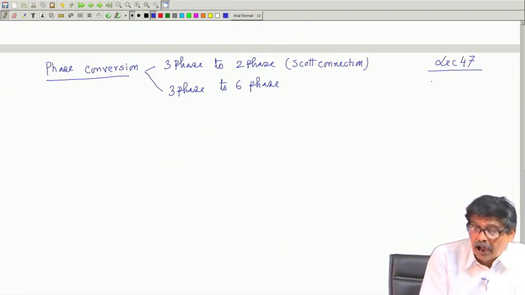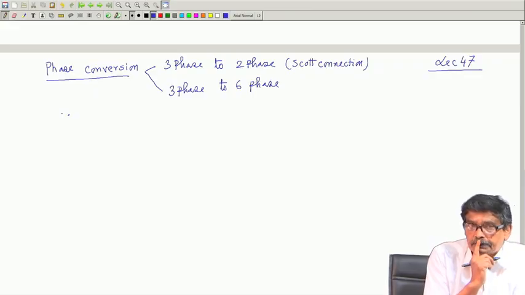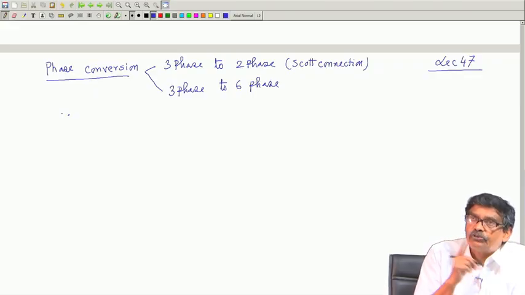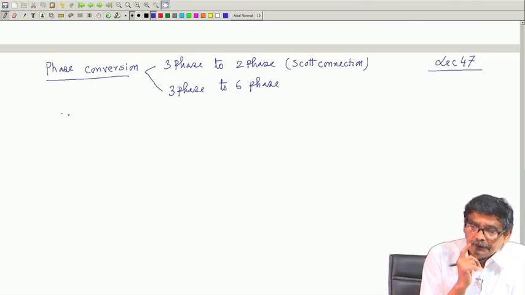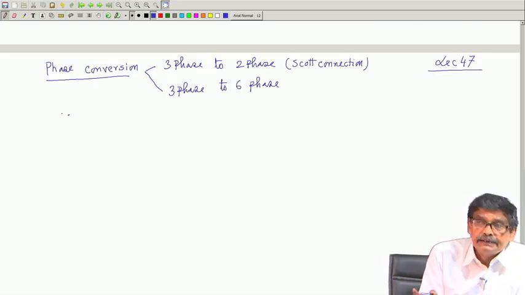What I will do is take one 3 phase transformer with 2 identical secondary coils.